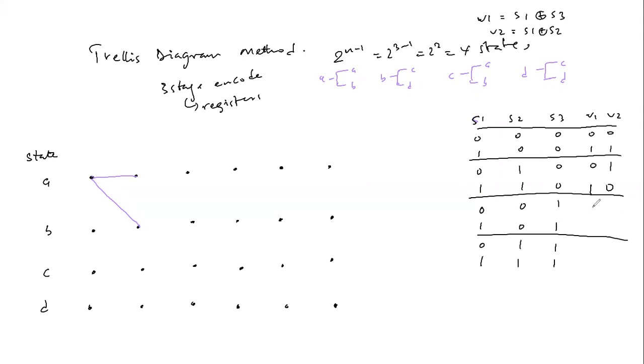And then we have this to be 0, 0, 1, 1, 0, 0.